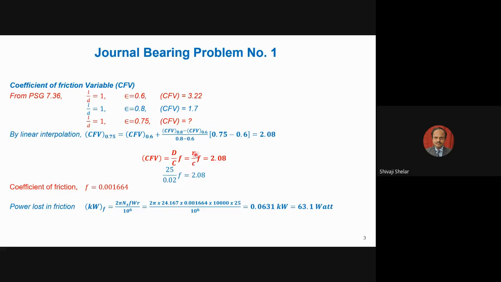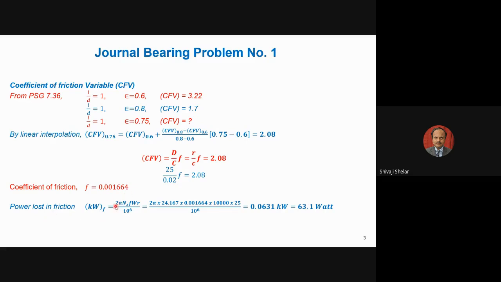My radius value is 25 mm, the radial clearance for the given problem is 20 micron, so 0.02 mm, into the coefficient of friction we are going to determine. So we get the coefficient of friction f equal to 0.001664.